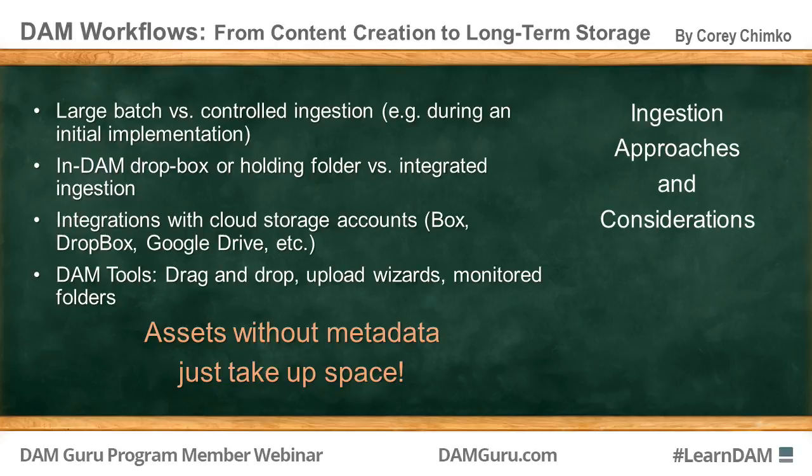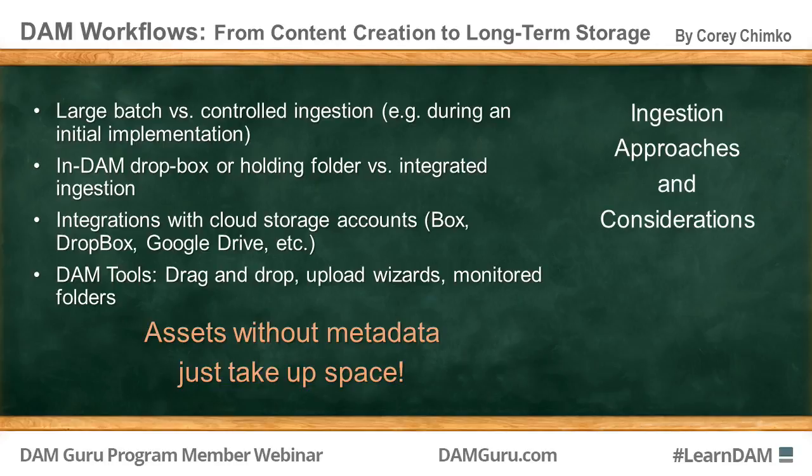Now, a couple other approaches, things that have been added to DAM systems in the recent past. People are starting to do integrations with cloud storage accounts, things like Box, Dropbox, Google Drive. A lot of marketing departments I know use these tools to get content from outside sources. You might have freelance photographers, for example, or outside designers that are helping you with stuff.